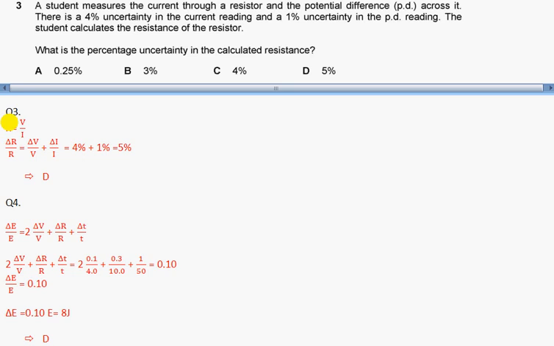As the formula for resistance is voltage divided by current, we have two quantities divided or multiplied. Then the fractional uncertainty or percentage uncertainty will be the sum of uncertainty of each of the quantities that you multiply or divide. It doesn't matter, you divide or multiply, you just add the uncertainty. So we add 4, 1, we get 5, and we choose answer C.